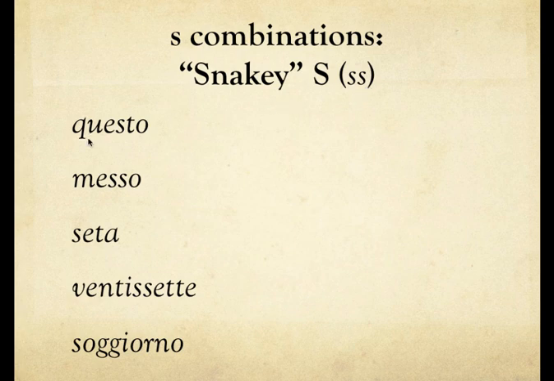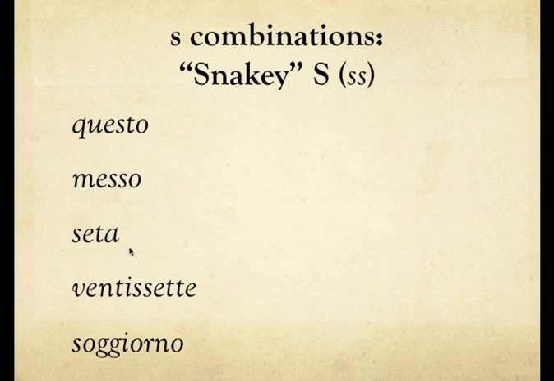So here we have questo, messo, seta, sette, soggiorno. Let's do their English equivalents after pronouncing the Italian word again. Questo means this. Messo means put or placed.